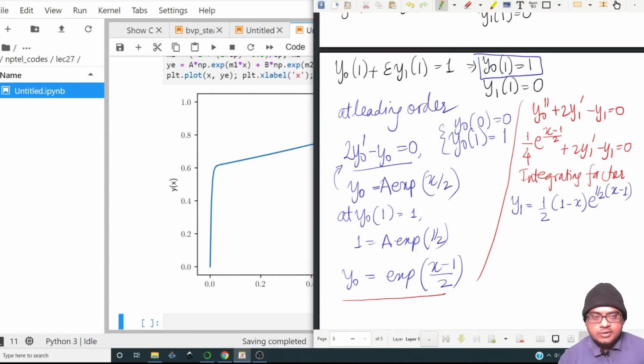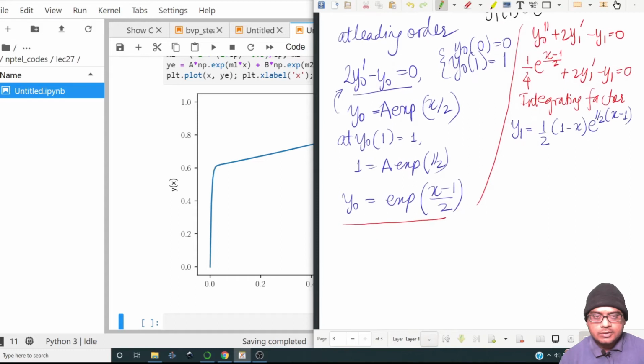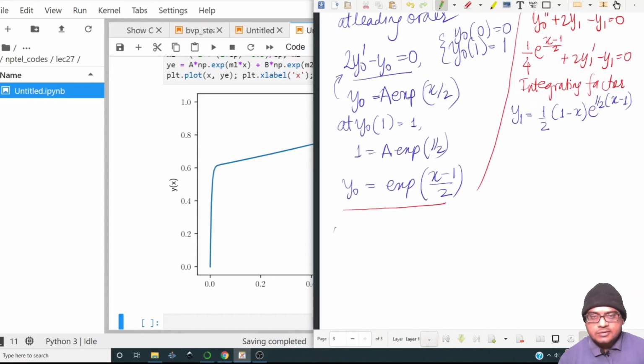So let us do it. Let us construct the outer solution. I'm calling it outer, but from what we've discussed so far, we can write the solution as y0 plus epsilon times y1. Let us do it.